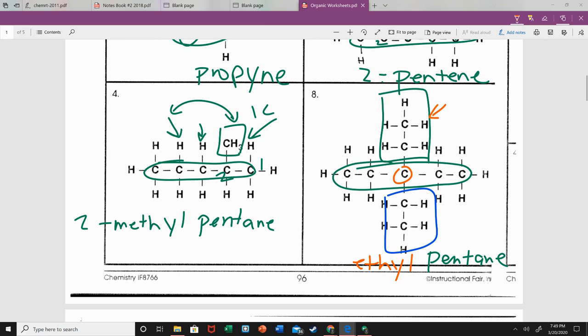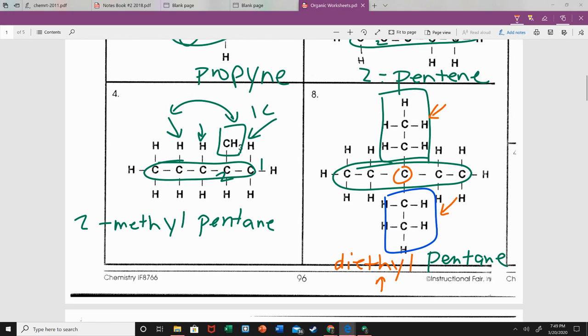So then now I have another branch over here. It also has 2 carbons. So I'm going to call that ethyl as well. But I don't want to say ethylpentane, since they're 2 of this same branch, just opposite sides of the tree. I'm going to say that is a diethyl.